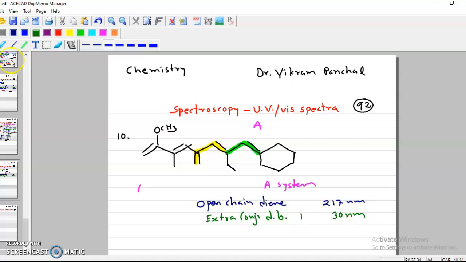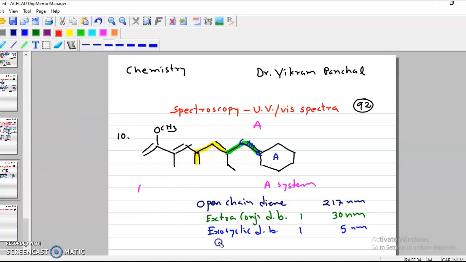Okay. Next, exocyclic double bond. Yes. Here you can see this is ring A, and one carbon is in this ring A, but this carbon is not in the ring, so it is called an exocyclic double bond. So 5 nanometer for exocyclic double bond.